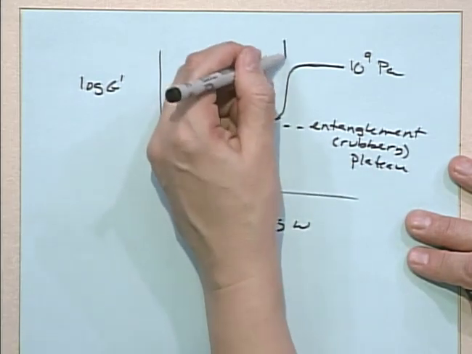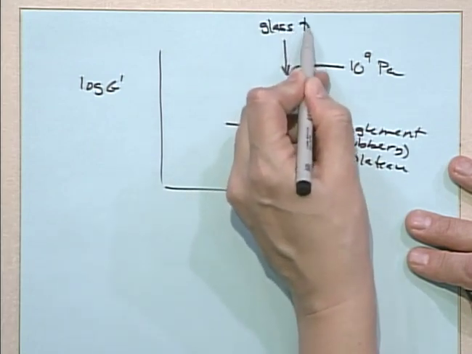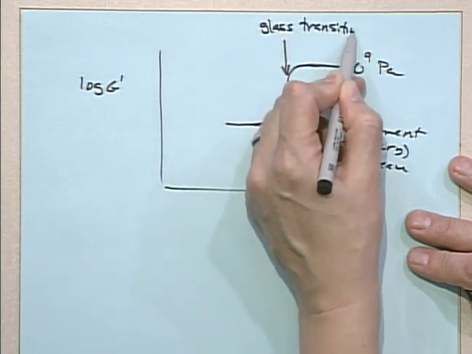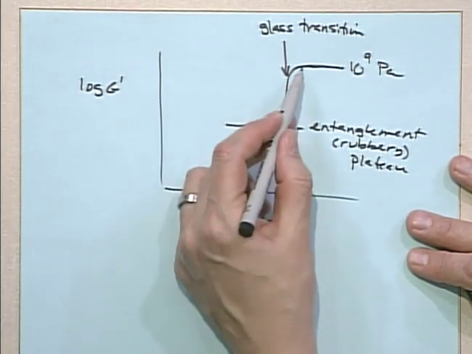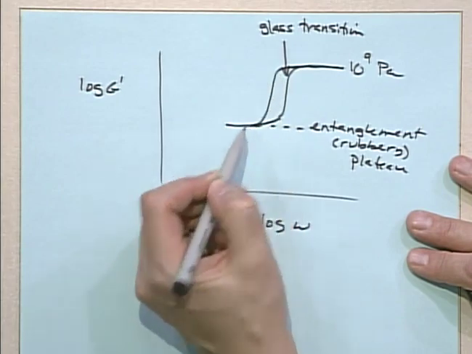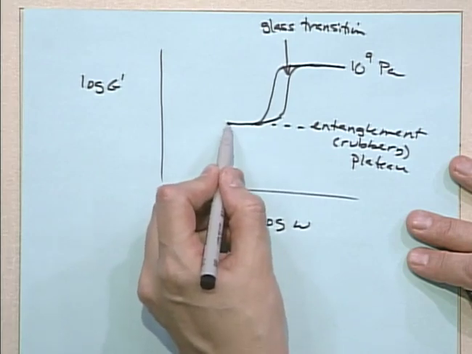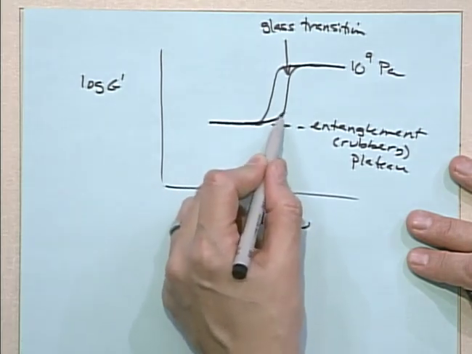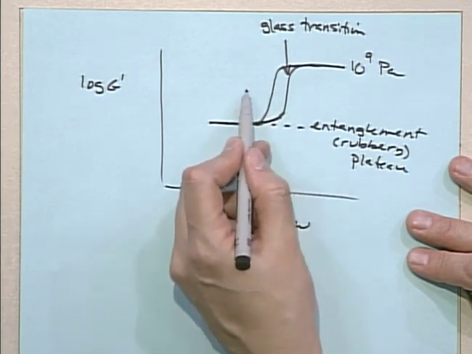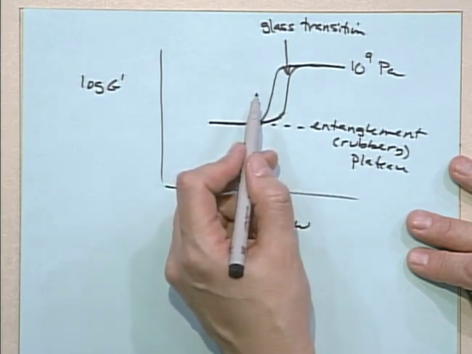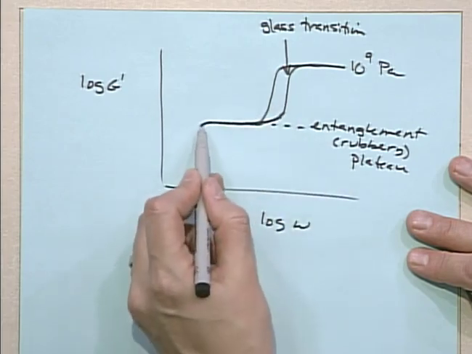And this is characteristic of the glass transition. Two materials with the same glass transition temperature will look the same. Materials with different glass transition temperatures will look different. So these two materials that I've sketched have the same entanglement molecular weight and different glass transition temperatures. And then there would be the terminal zone.